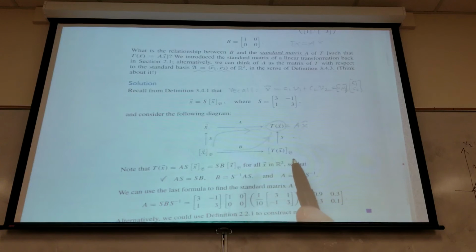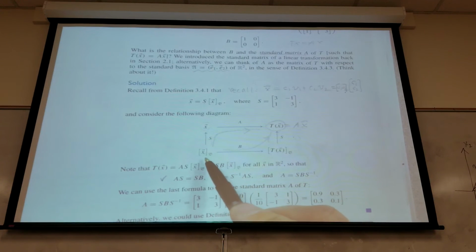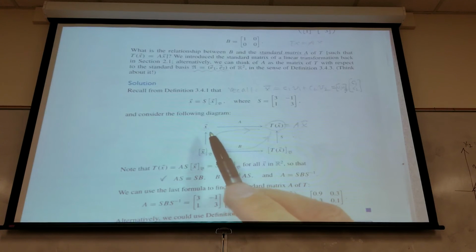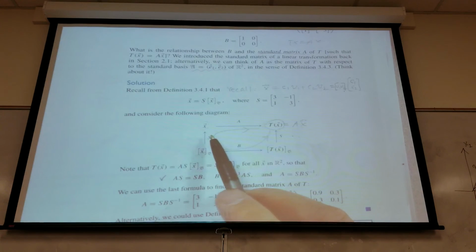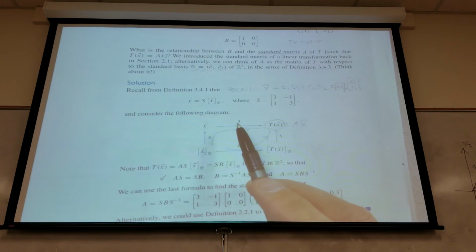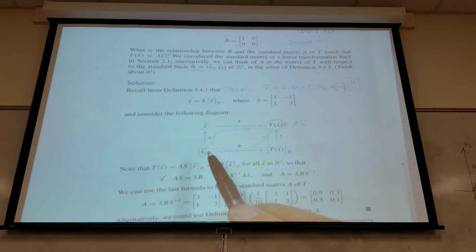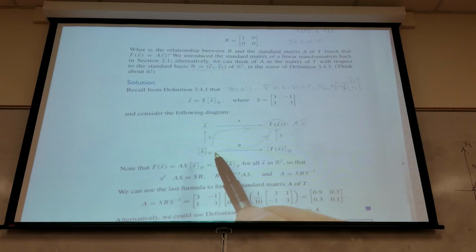They are equal. Okay, so how do we go from the coordinates back to the vector? That's S, right? Multiplication by S. So S times this coordinate, and then followed by this A. So A times S times this, right? You follow me here? Okay.